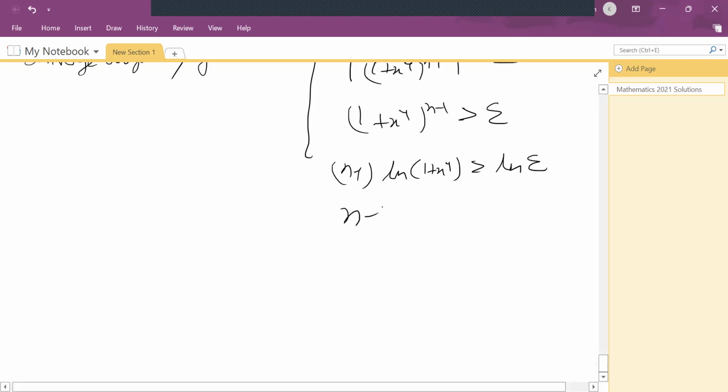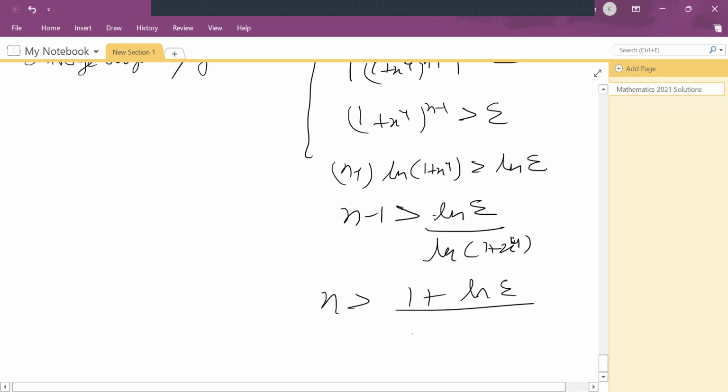So from here, n minus 1 is greater than ln(1/epsilon) upon ln(1 plus x to the power 4), right? So n should be greater than 1 plus ln(1/epsilon) upon ln(1 plus x to the power 4).